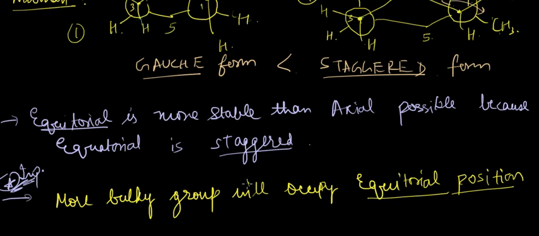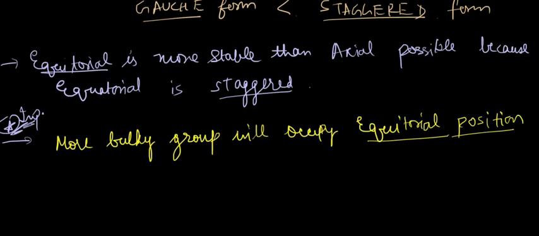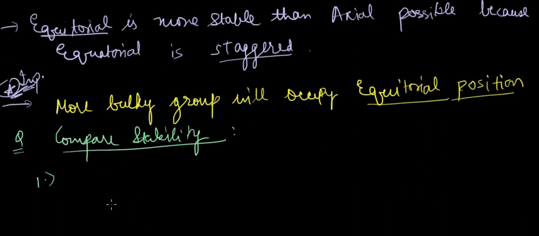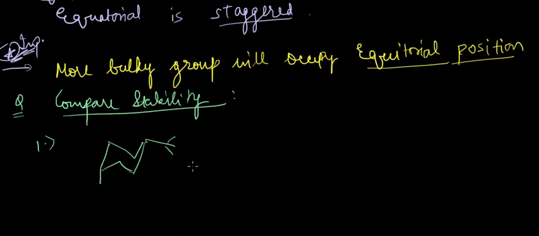So let's compare the stability of the following cyclohexane rings with substituents. So the question is compare stability. Okay, so we have compounds like, first is, at axial, at equatorial we have this, and at axial we have this.